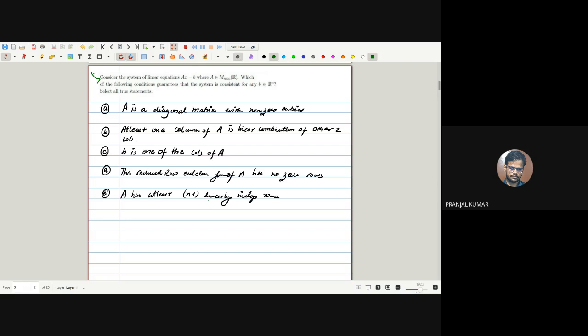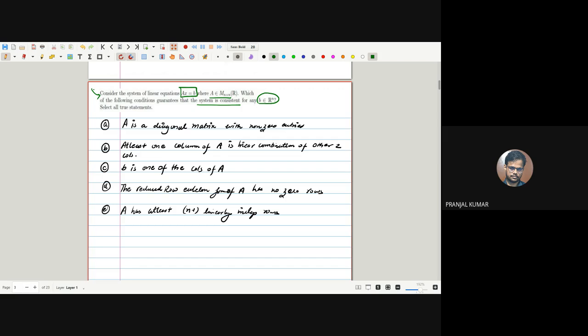Now consider a system of linear equations. I have already explained this to you very well yesterday. A is the coefficient matrix. Which of the following conditions guarantees that the system is consistent for any b belonging to Rn? Select all the true statements. A is a diagonal matrix.